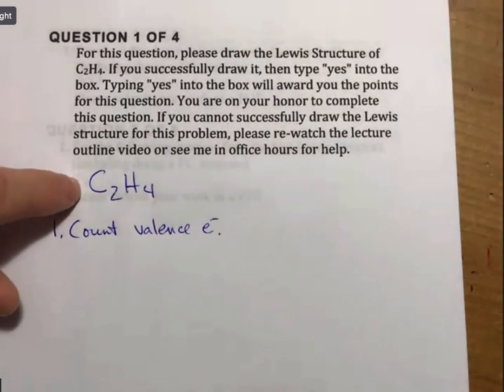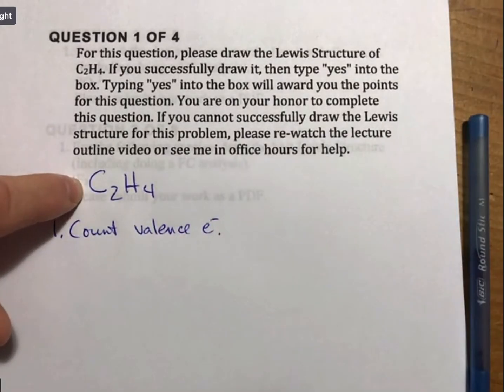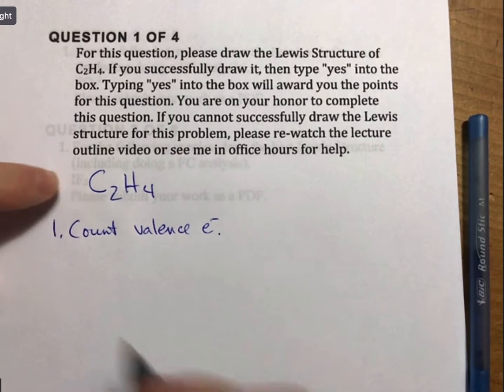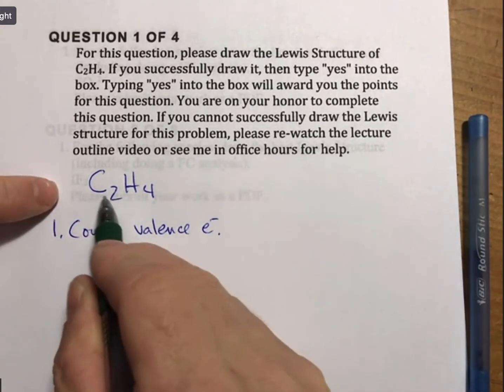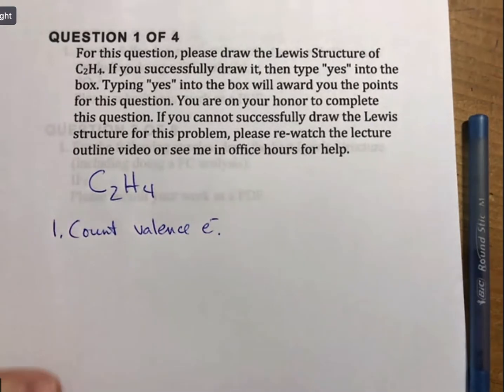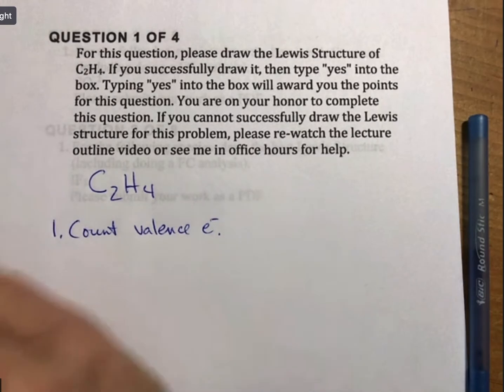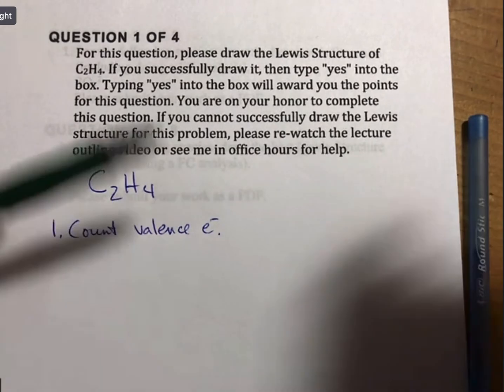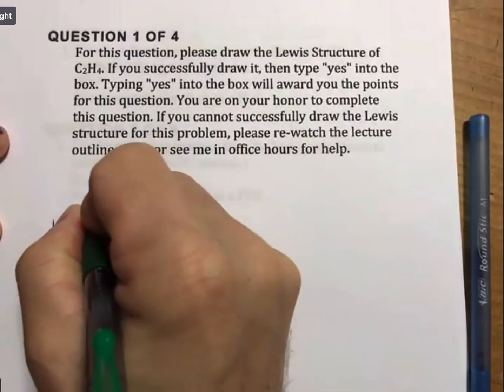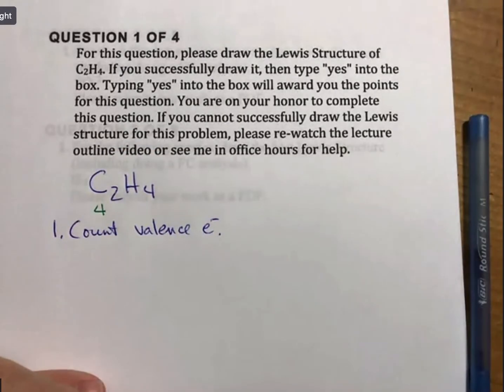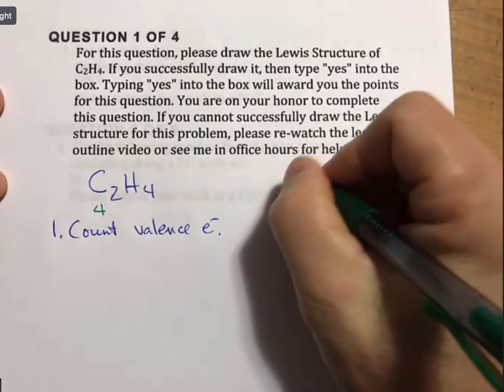For each carbon, can anybody tell me how many valence electrons a carbon atom has? Four. Thank you. 4.